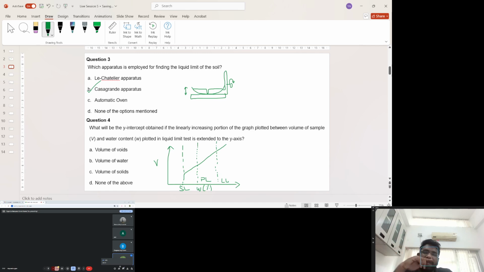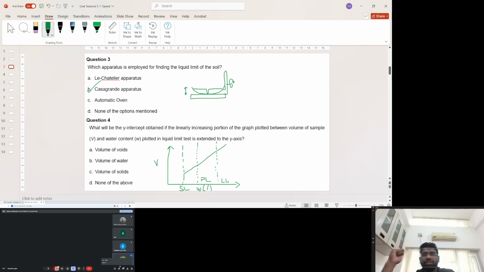Now the shrinkage limit is the point at which the soil is exactly saturated. Once we start drying the sample to a water content lesser than the shrinkage limit, the water present inside the pores starts drying up, but the total volume of the sample does not get affected.